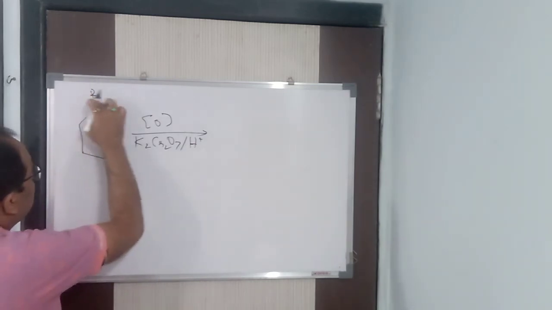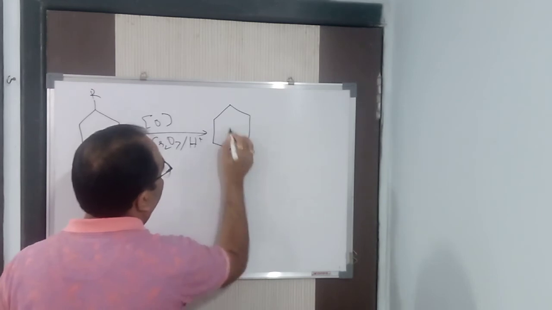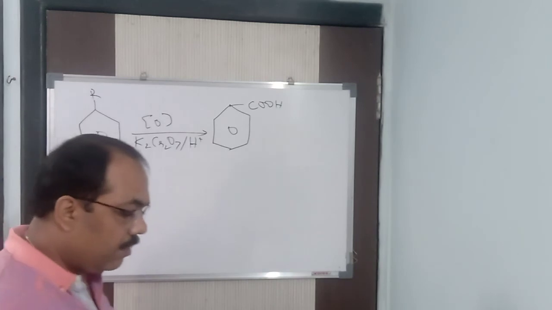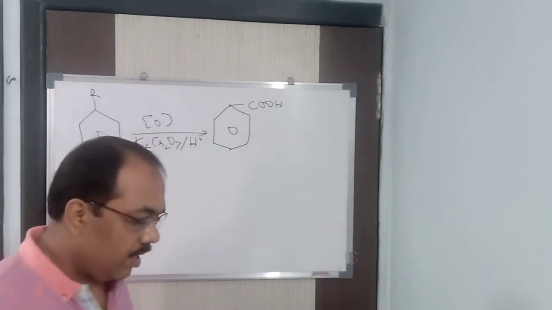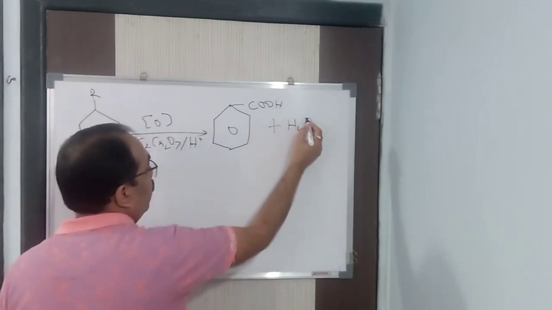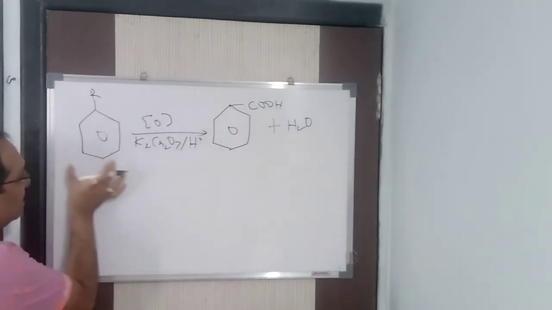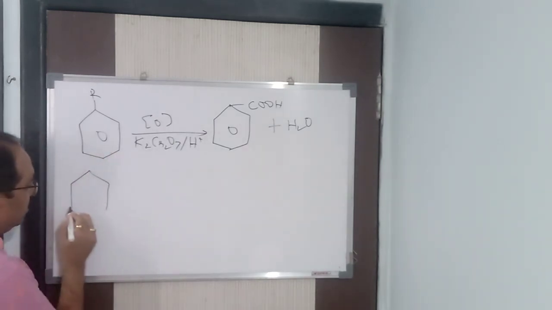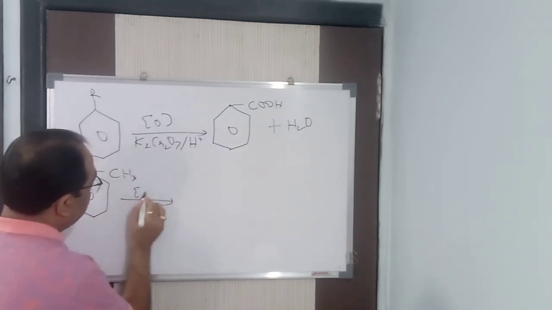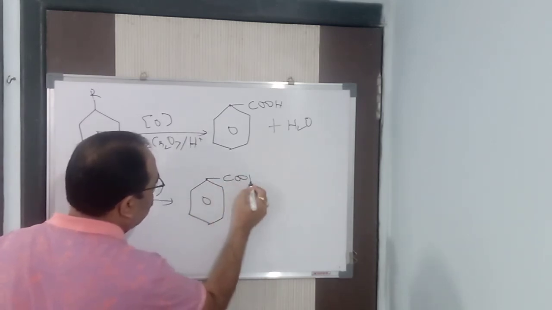What will happen is that this particular alkyl group will be converted into carboxylic acid. Any number of alkyl groups which are there are converted into carboxylic acid, plus water and carbon dioxide. If the number of carbon atoms is more, you will be getting carbon dioxide also. So suppose I take here CH3 and nascent oxygen, you will be getting benzene ring COOH.